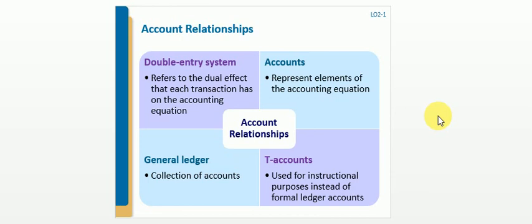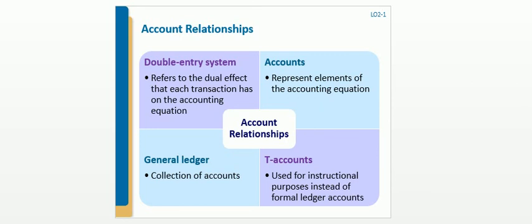All transactions could be recorded in columnar fashion as increases or decreases to elements of the accounting equation. However, even for a very small company with few transactions, this would become cumbersome. So most companies use a process called the double entry system.